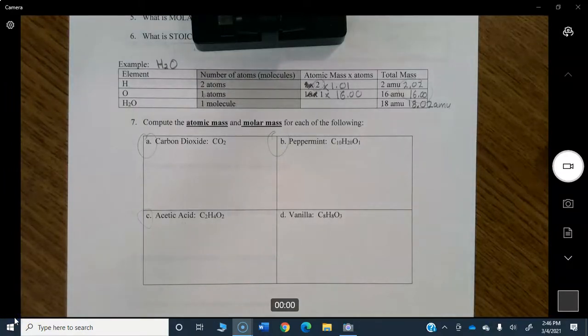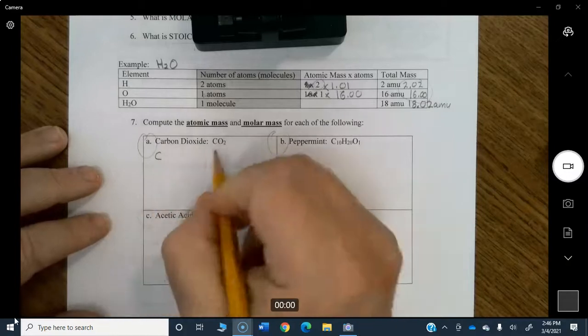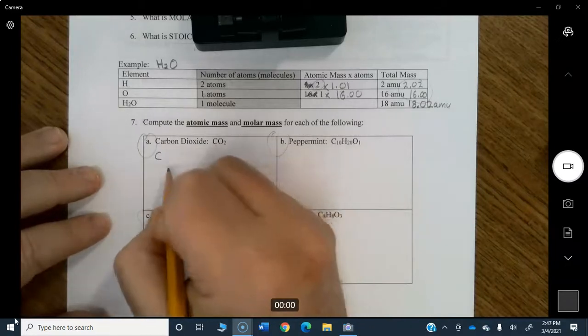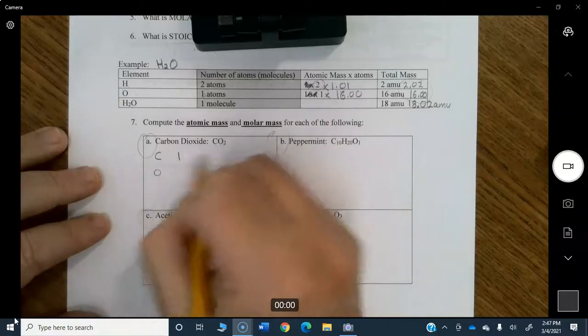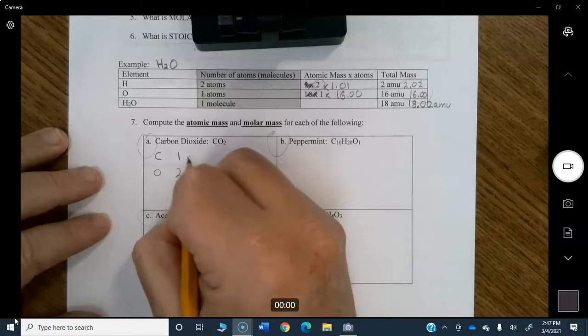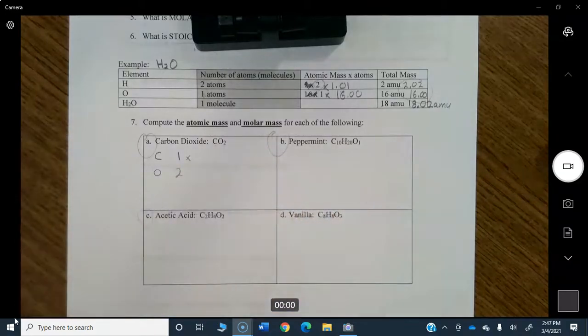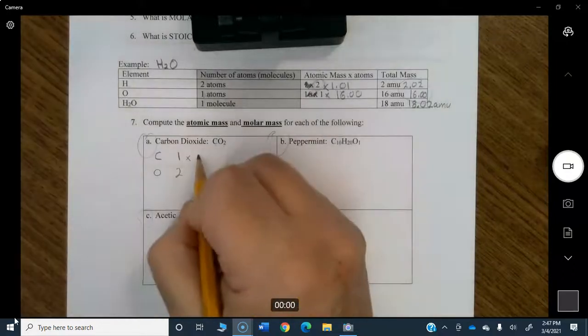So to figure the atomic mass of carbon dioxide, we come over here. First of all, we write down carbon. And how many do we have? We have 1 atom of carbon, so I'm going to put a 1 there. And then oxygen, we have 2 atoms of oxygen in this. Now we have to multiply that by their atomic mass. So for carbon, it's 12.01.